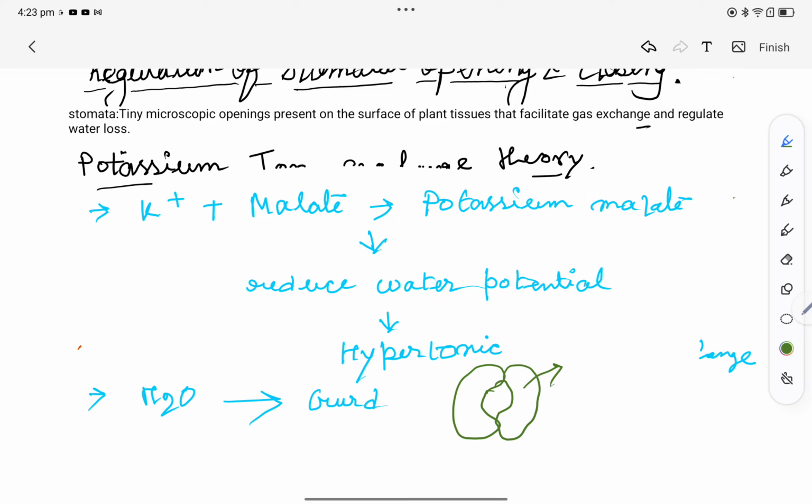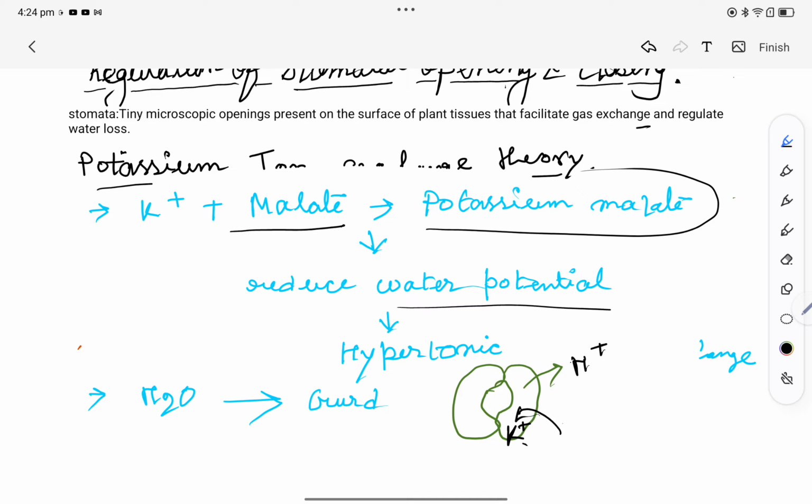Lots of hydrogen ions are pumped out. Potassium ions are entering, and they are reacting with malate and making potassium malate. As a result, it is reducing the water potential and cells are becoming hypertonic.